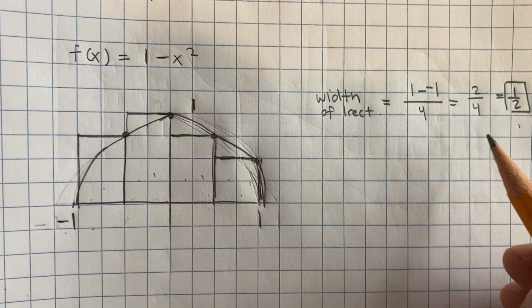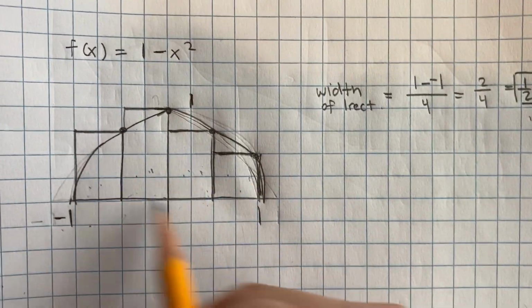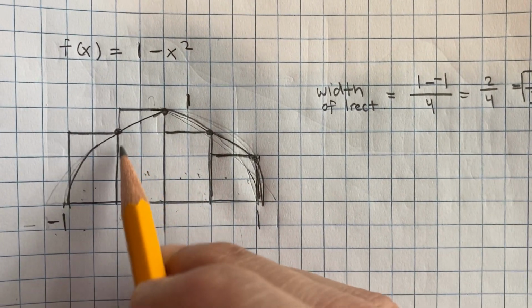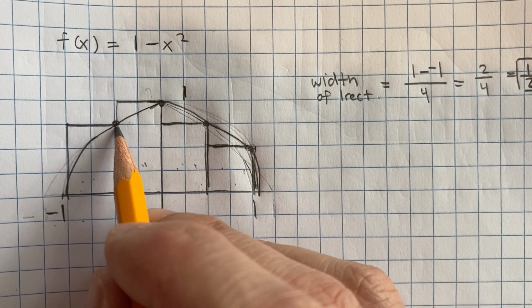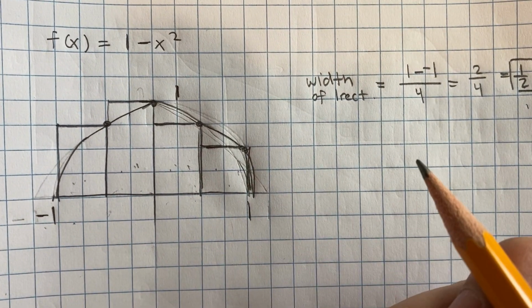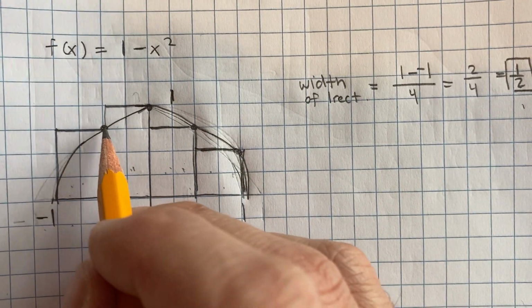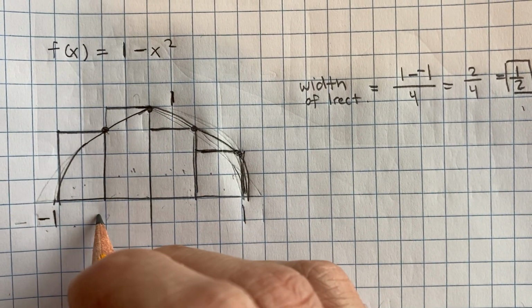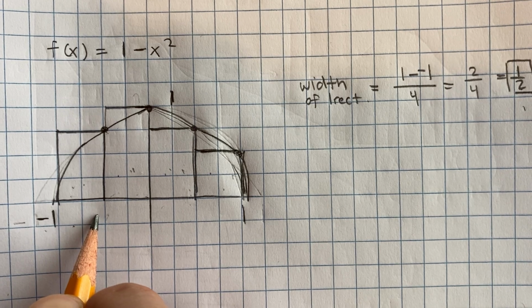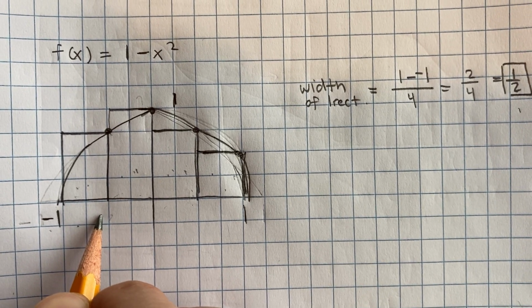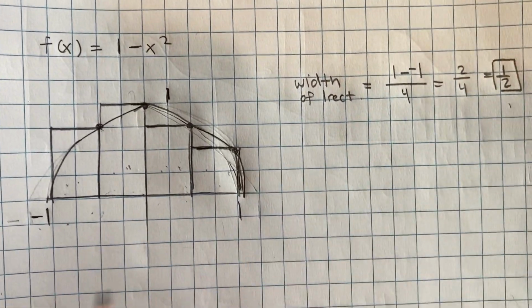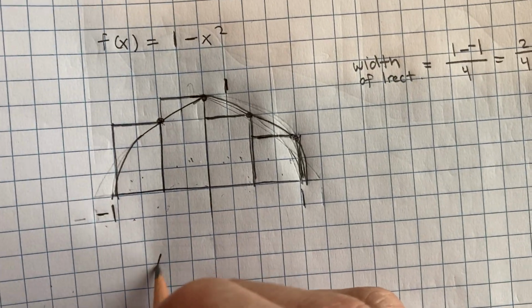Okay. Now, the height of each rectangle that's underneath this curve is dependent on where the rectangle is drawn and where it's located underneath the curve, where it intersects the curve. So if I want to find the height right here, I would plug in f of -1/2. And so what I'm going to do now is come up with the area formula.